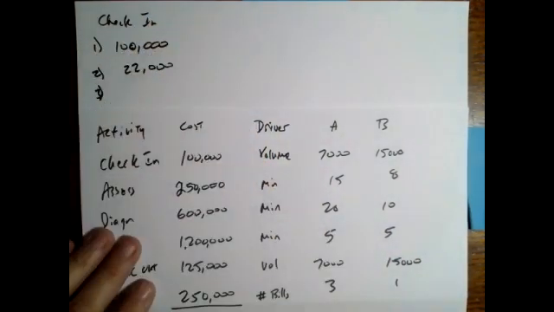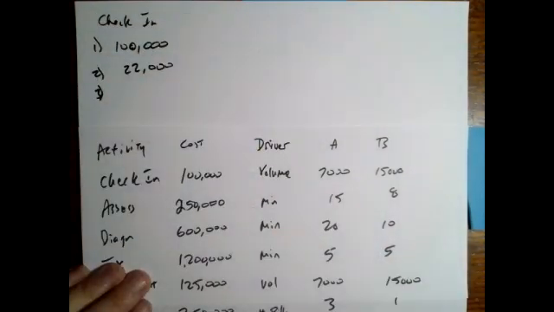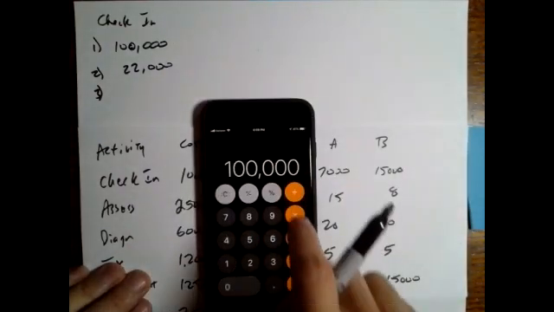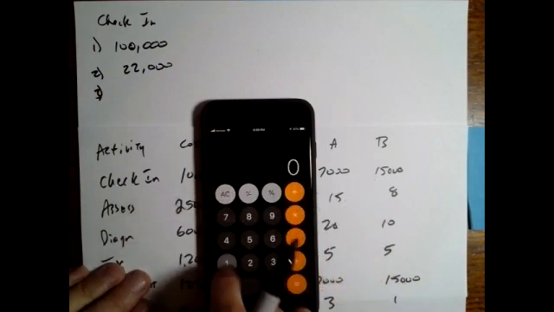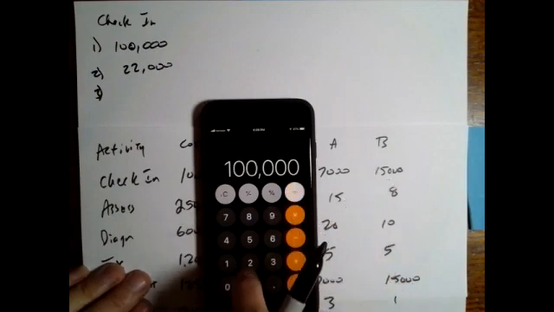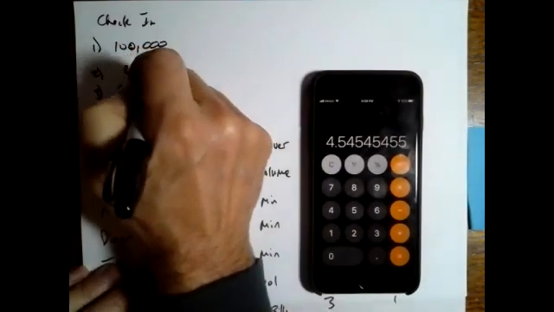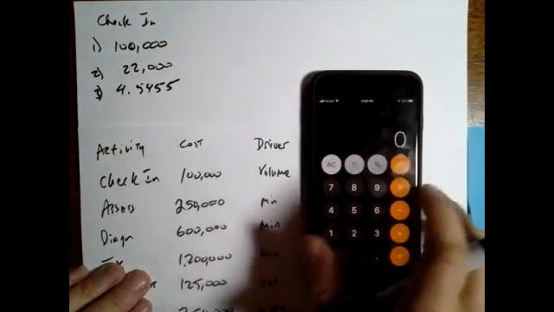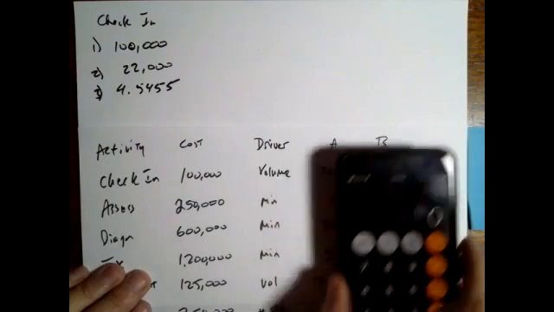So then the allocation rate is going to be $100,000 divided by 22,000 visits, which is 4.5455. Let's round. So that's our allocation rate for check-in.